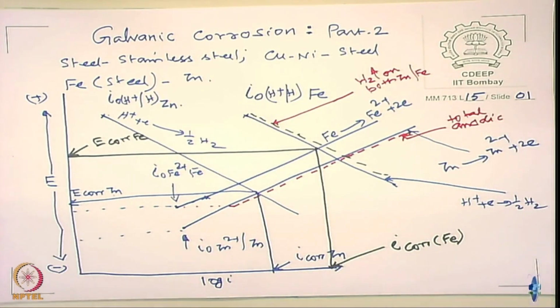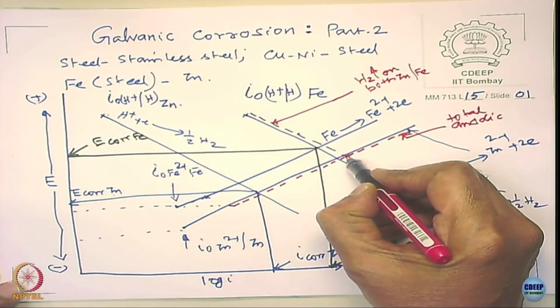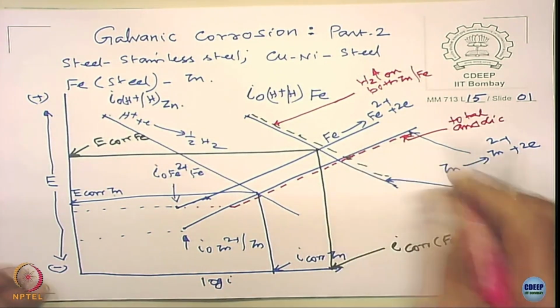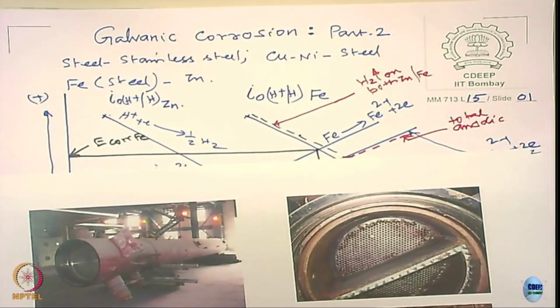So what is happening? Now it is at the intersection point of these that the mixed potential theory is valid, right? So I draw a line connecting all of them.